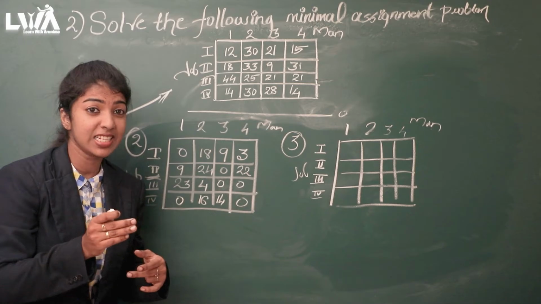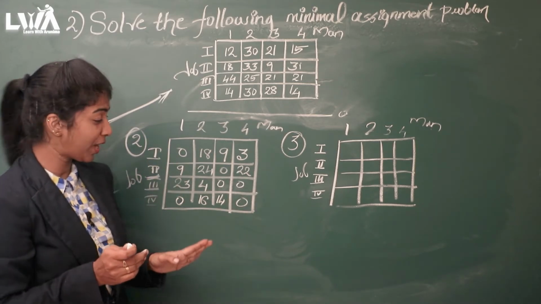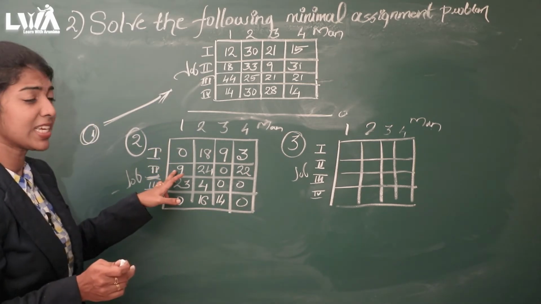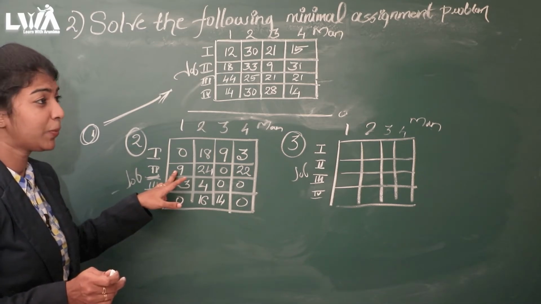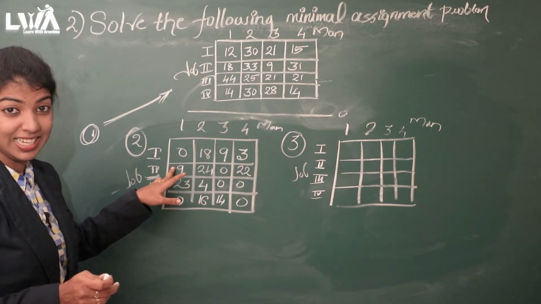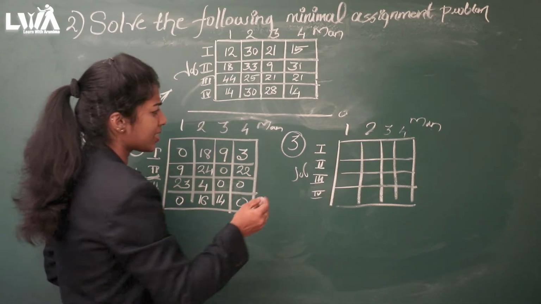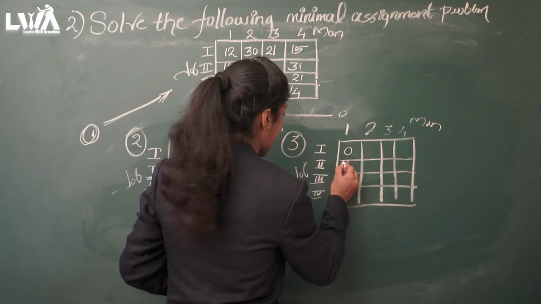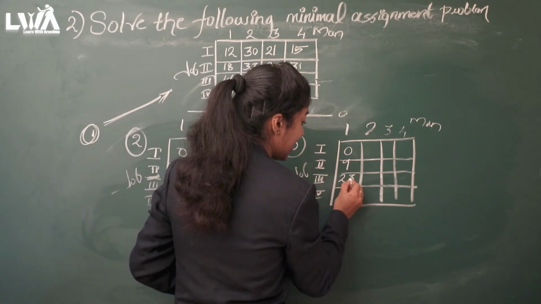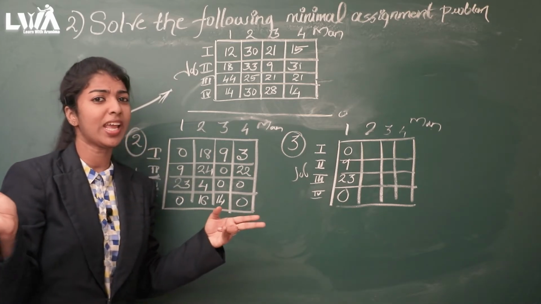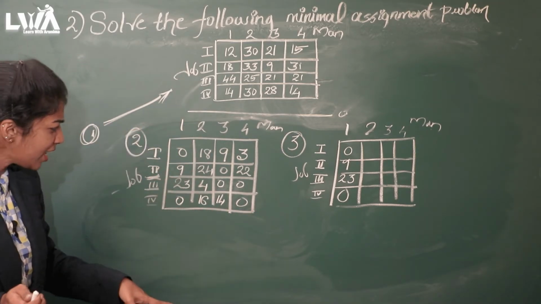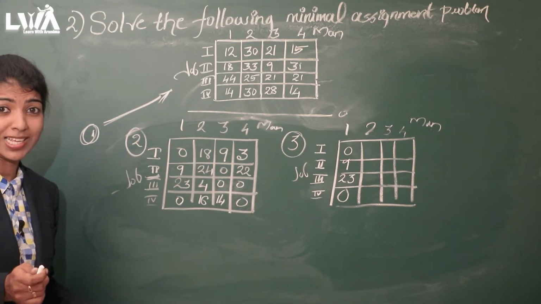We have to analyze the column part. Okay. From the first column, which is the smallest one, that is 0, right? So it is the same. 0, 9, 23, 0. Okay. In the second column, which is the smallest one?